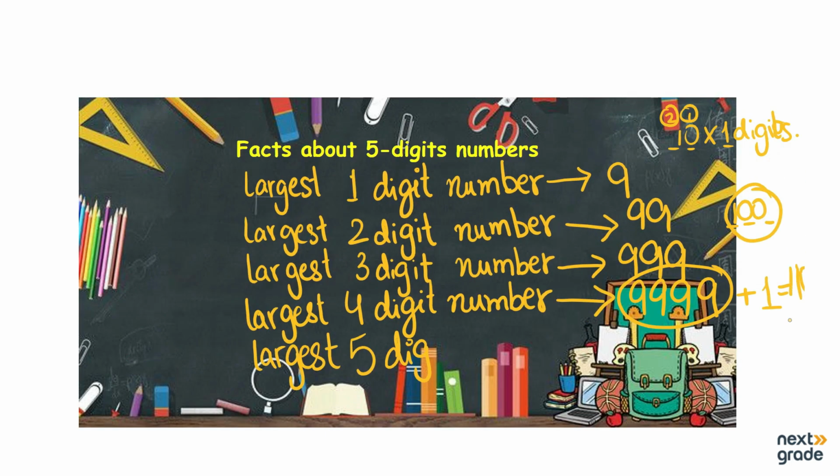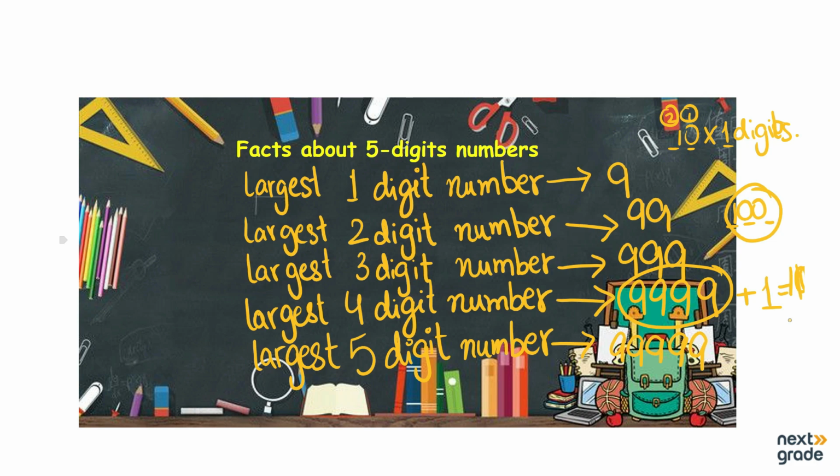So what we learned today is that we are going to learn about 5-digit numbers. These were the facts that we should be familiar with in order to solve our questions. So these are some of the facts that you should keep in mind.